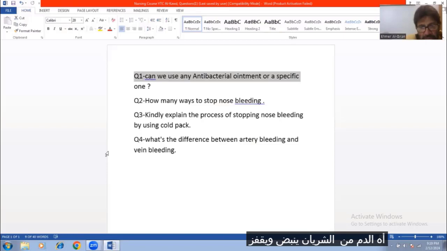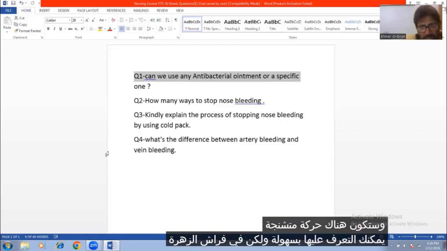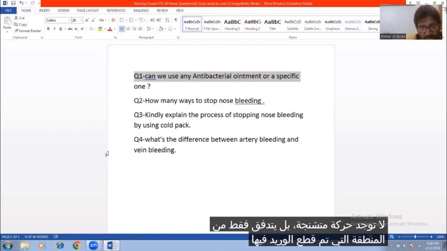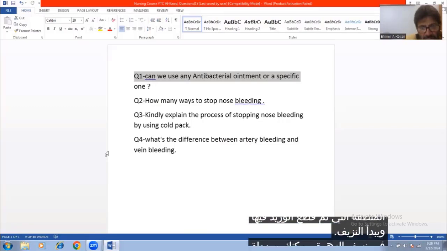It jumps. A jerky movement will be there, so you can easily identify it. But in venous bleeding, there is no jerky movement. It just trickles down from the area where the vein is cut and the bleeding has started.